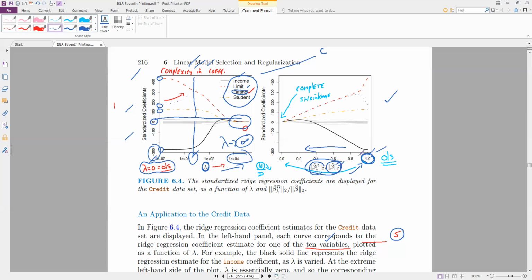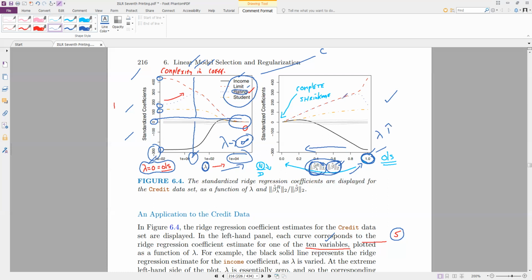Now we're going to adjust for ridge regression. As lambda increases, what do you expect to happen to the coefficient vector for ridge regression? You expect this to get closer and closer towards 0. That distance gets closer and closer towards 0.